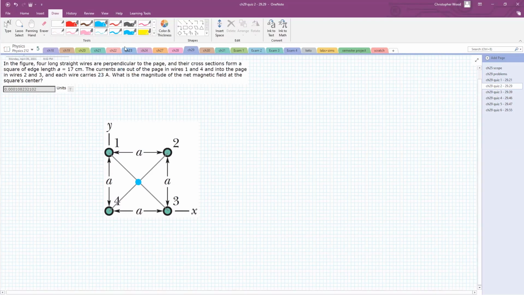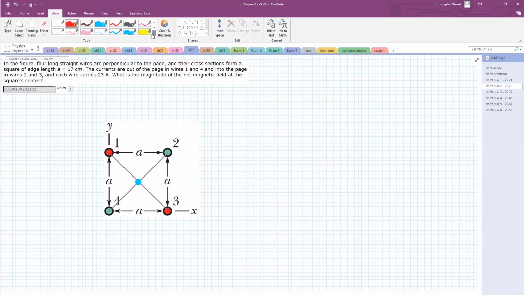All right, so it says the currents are out of the page in wires 1 and 4, so those get a dot. Wire 1's current gets a dot because dots are what we use to signify coming out of the page. Wire 4, currents out of the page. Those get a red dot. And into the page in wires 2 and 3.